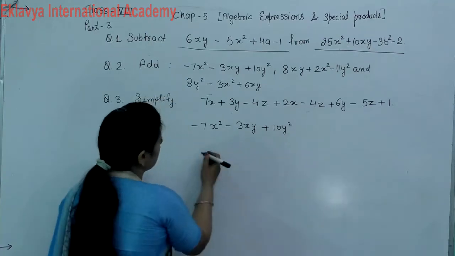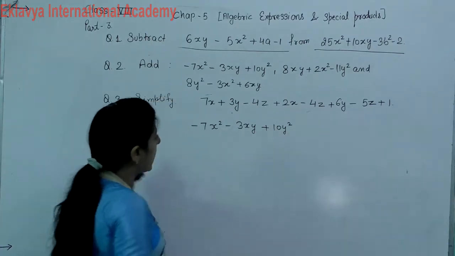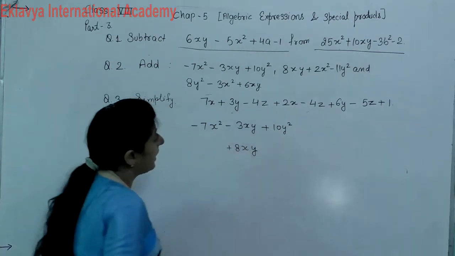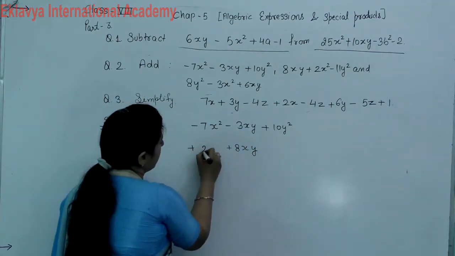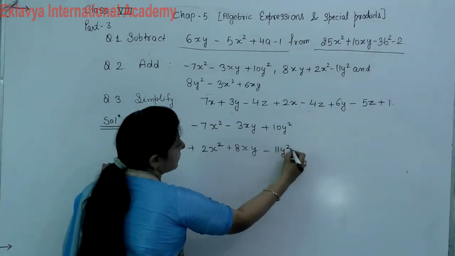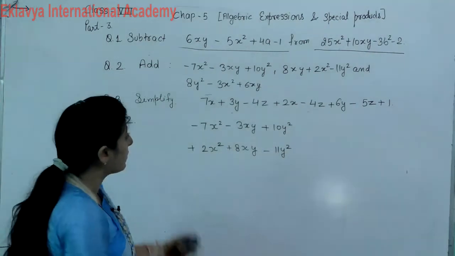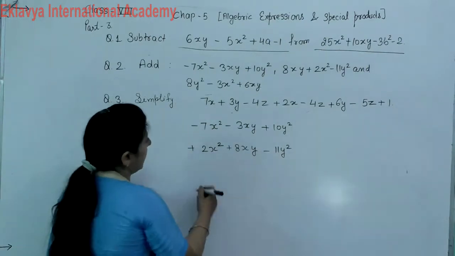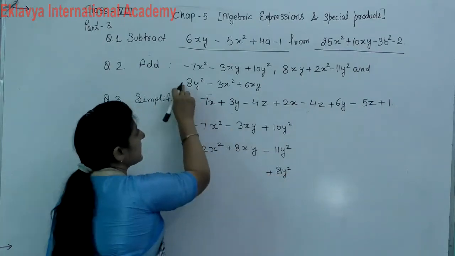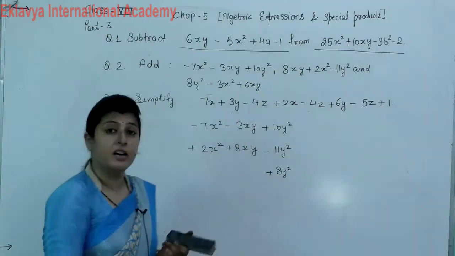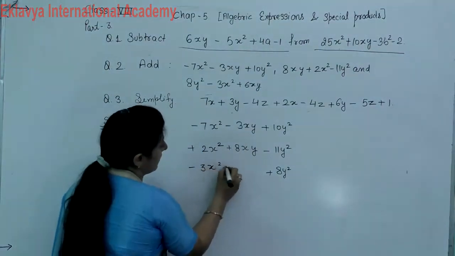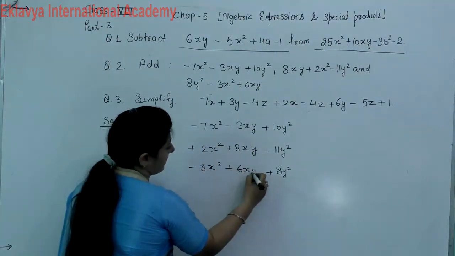Second polynomial, 8xy: we write it down here, plus 2x square we write down here, minus 11y square. Like terms we are putting together, 8y square positive, nothing sign is here, it means it is a positive number, minus 3x square plus 6xy.